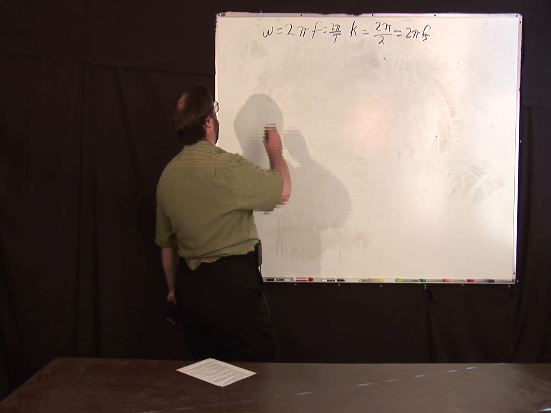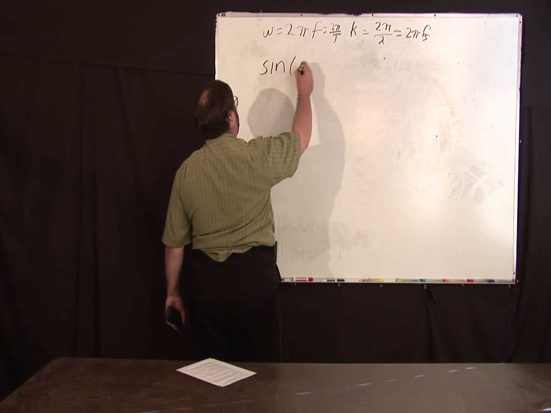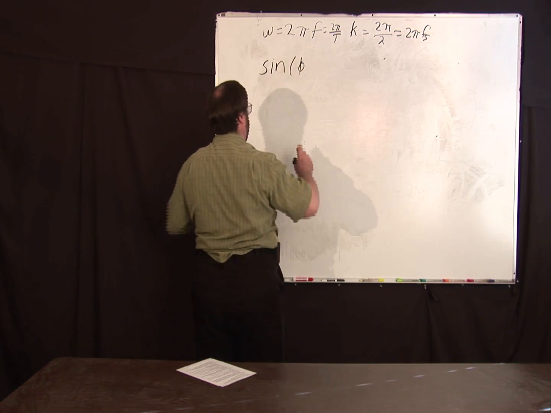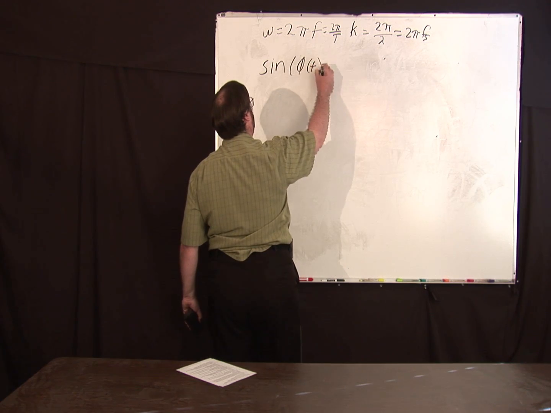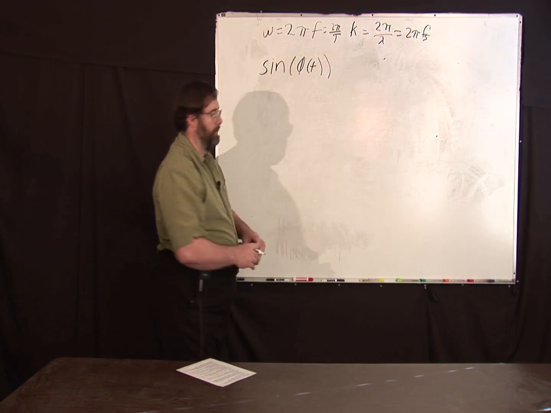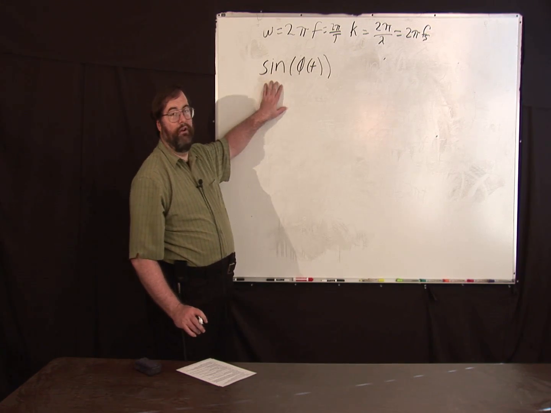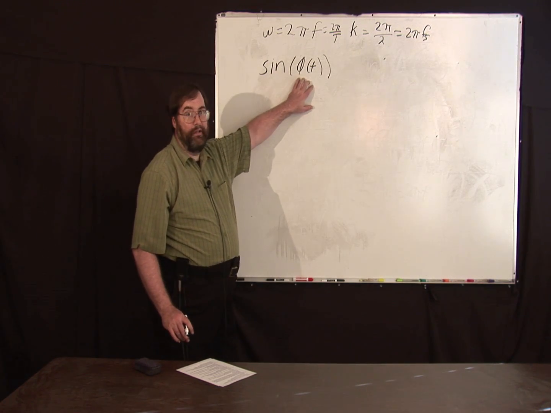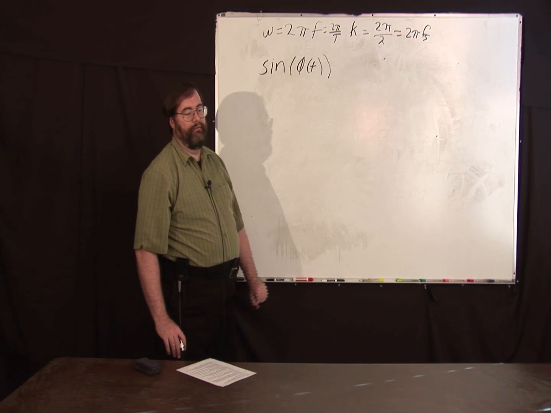Okay, now we're going to talk about the sine of a function. We'll call this sine of phi of t. Okay. With respect to the sinusoids, sine, cosine, or e to the i phi of t, this function here is called the phase of the function.